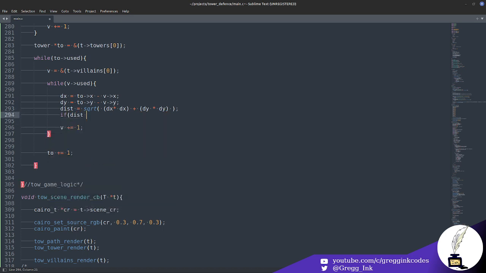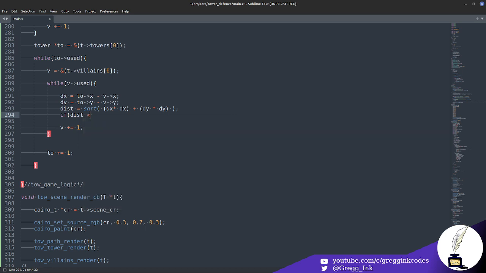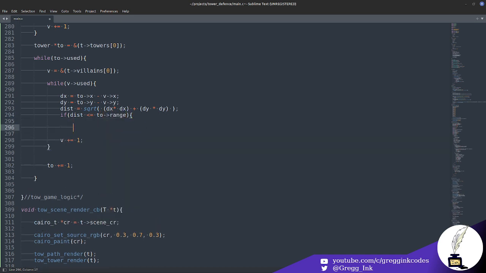If this is smaller than or equal to TO range, then TO vir equals 1. Is that right? I think that's right.